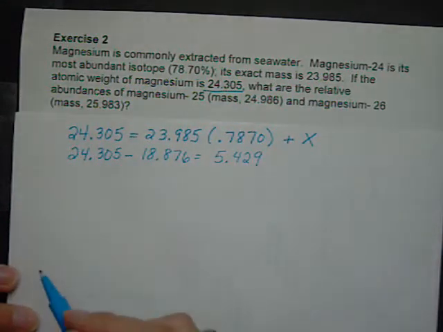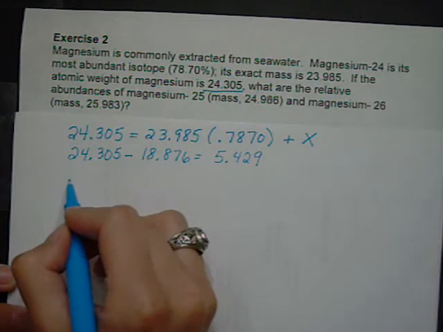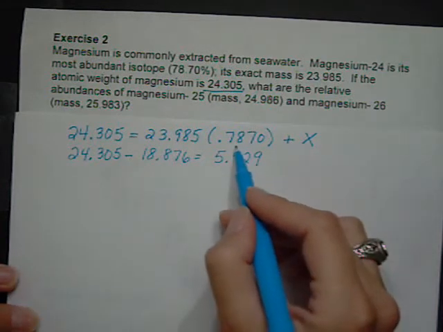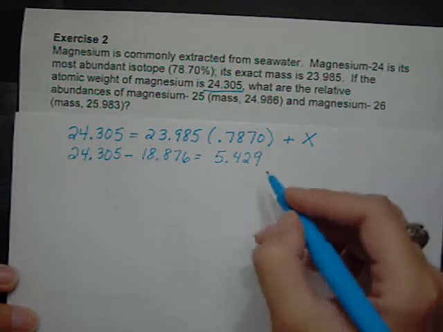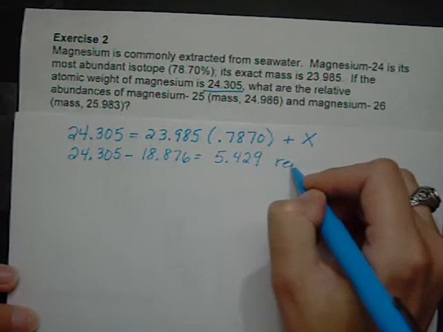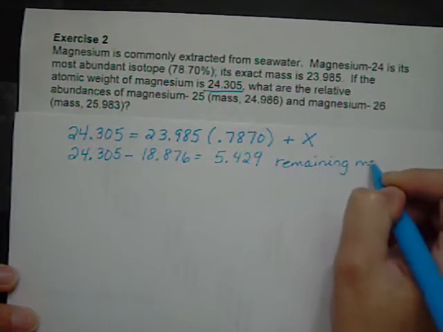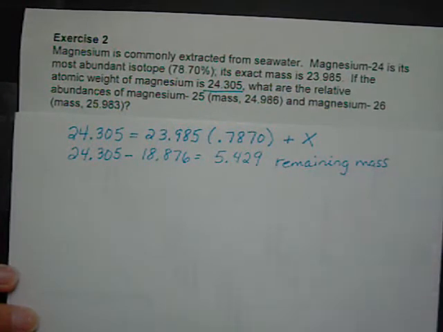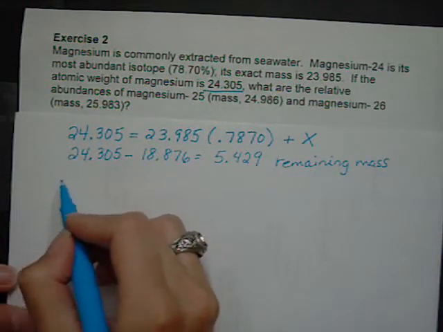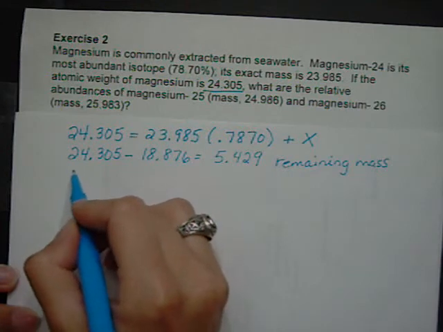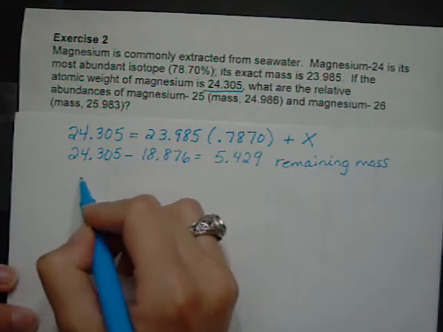What I can then do is set up a separate equation relating the remaining amount as well. So this is my remaining mass. The other thing that I need to know is my remaining percentage. I can either do it from 100, or I can do it from 1.